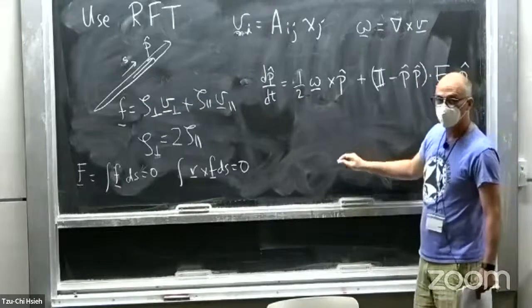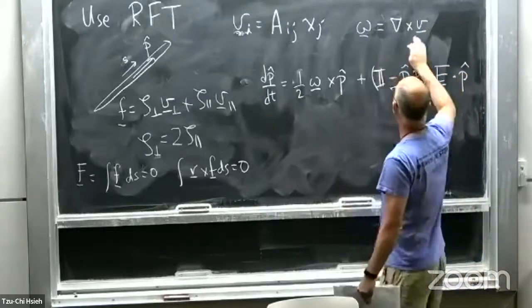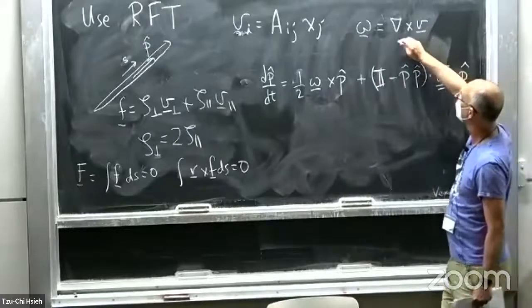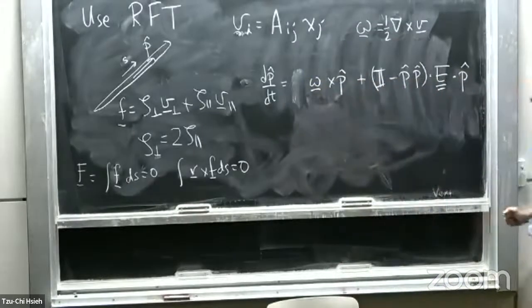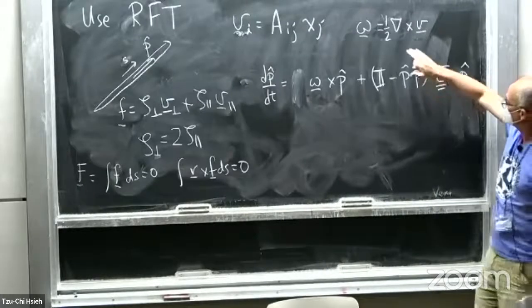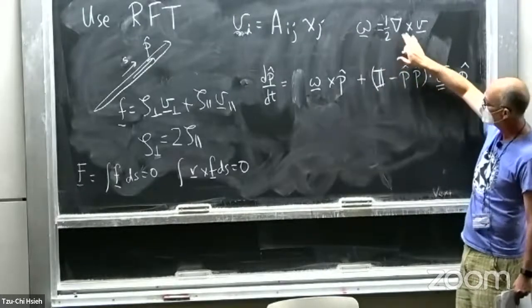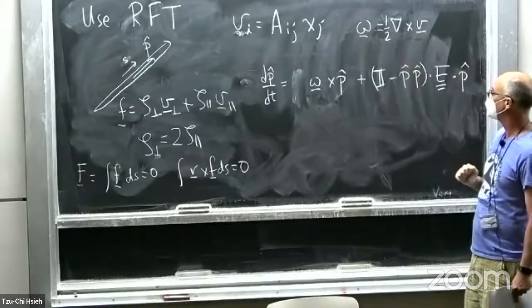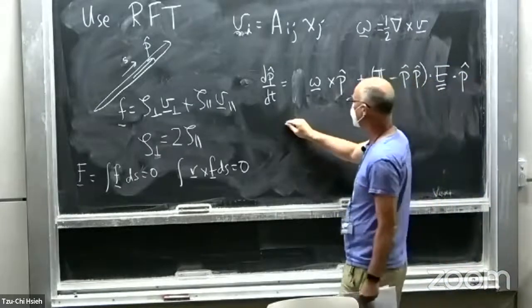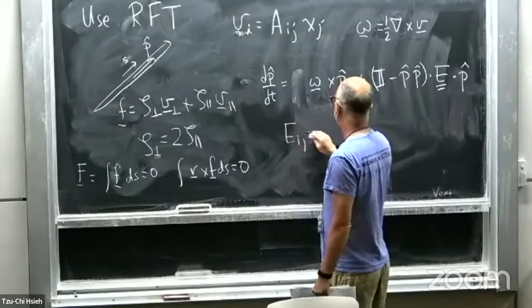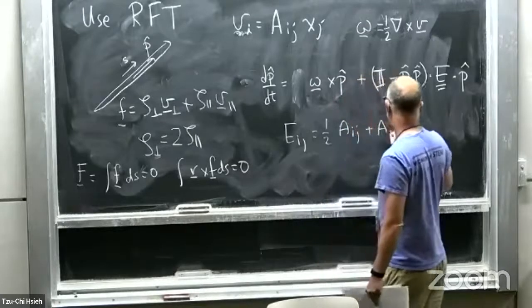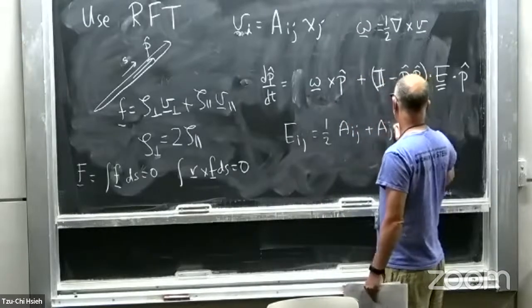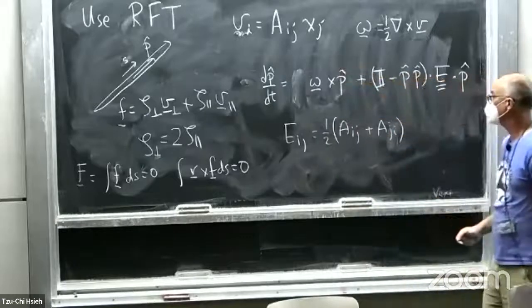Sorry, I must have written this wrong here. Thank you. Yeah, I wrote it wrong in my notes last night. So this is what it should be. For the sphere, it was 1/2 curl of v. Thank you. And E here is the strain rate, just the strain that we get from our linear flow.